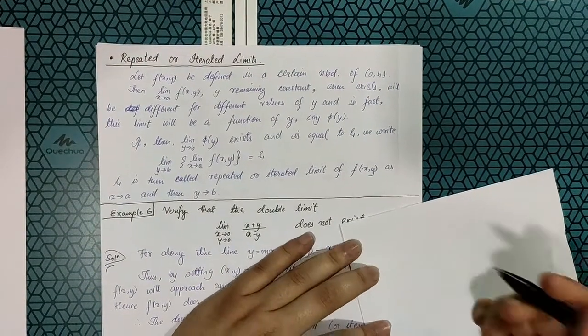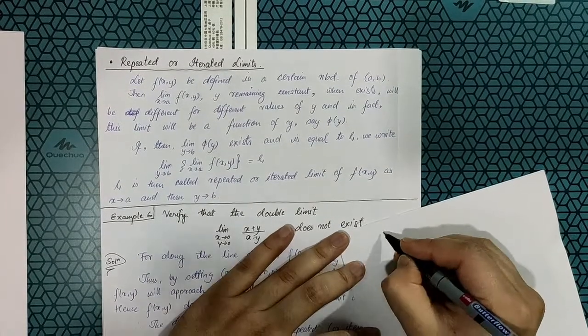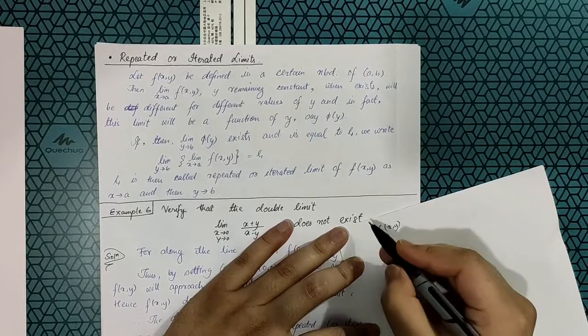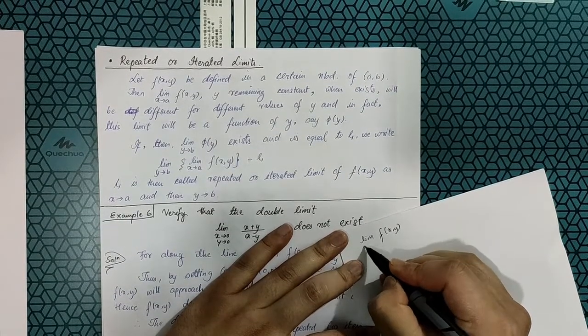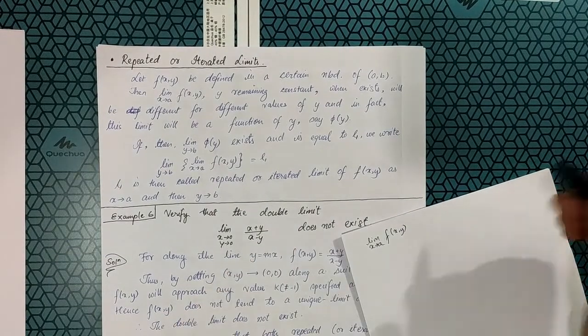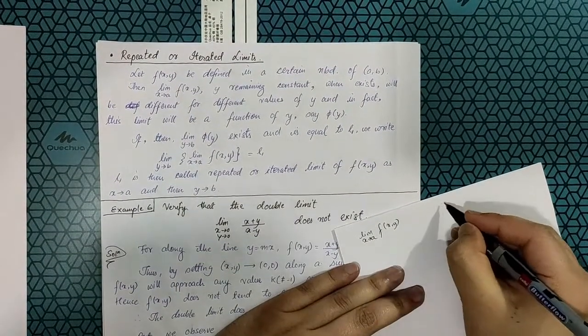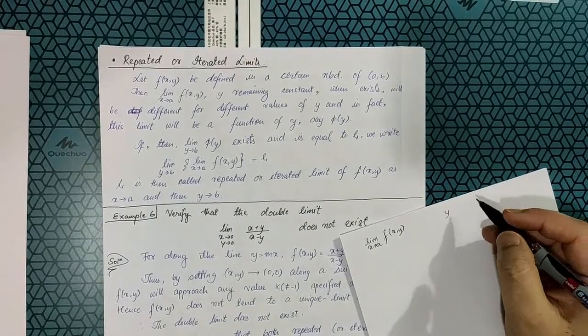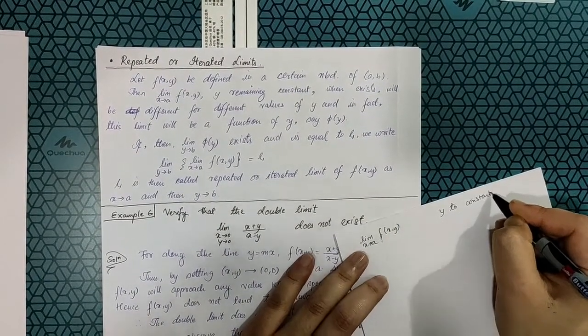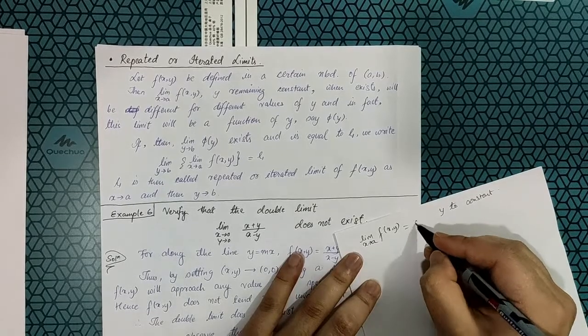So what it is basically saying is, if we have a function f of xy, here what we do is we first find the limit as x tends to a, keeping y constant. Then what we get is some function of y.